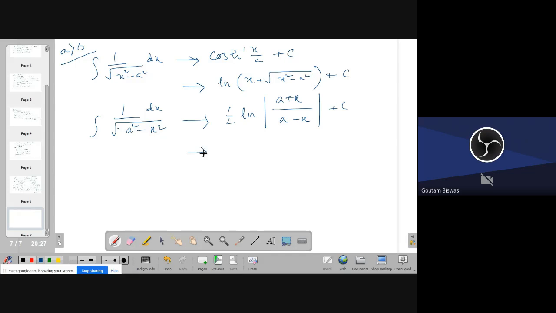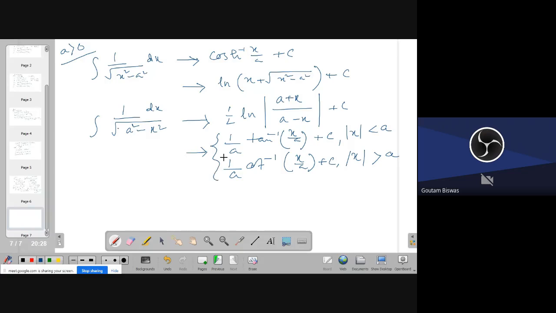That is one answer, and another answer is 1 by a tan inverse x by a plus c for modulus x less than a, and 1 by a cot inverse x by a plus c, for modulus x greater than a. Okay, so this comprises three answers. One is this, another one is this.